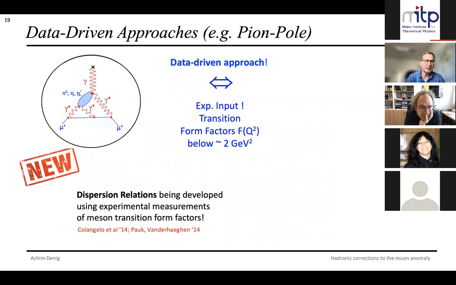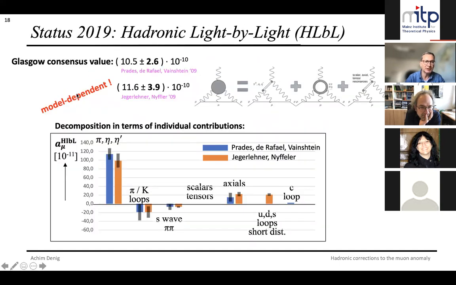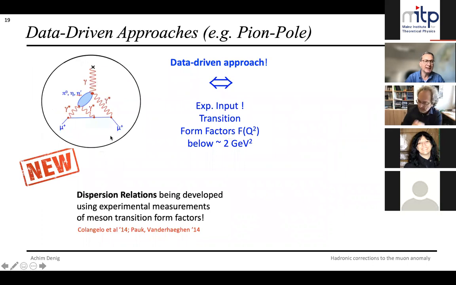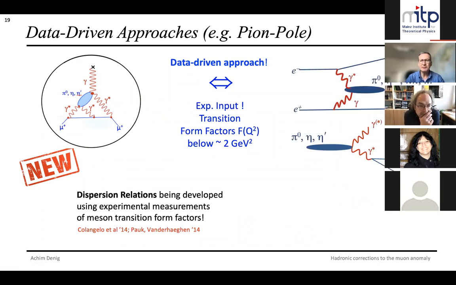And if one looks, for instance, in the most important contribution, which certainly is the pseudoscalar contributions, one can relate actually this graph here to transition form factors. And transition form factors can be measured in a plus and minus. They can be measured at low Q-square, at low momentum transfer, also by means of Dalitz decays, what we do at MAMI, for instance, and it's done elsewhere.